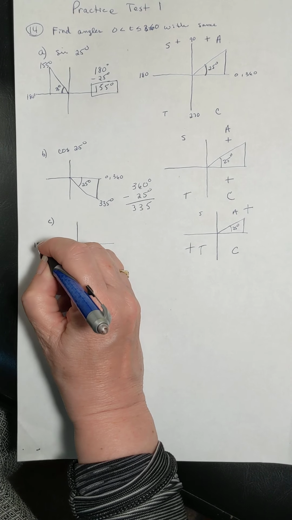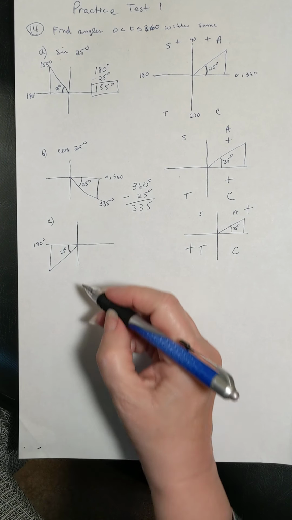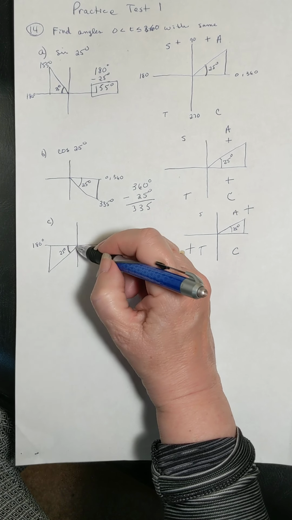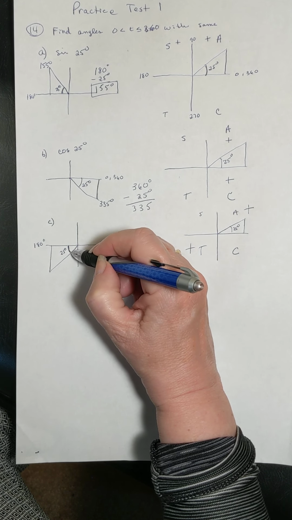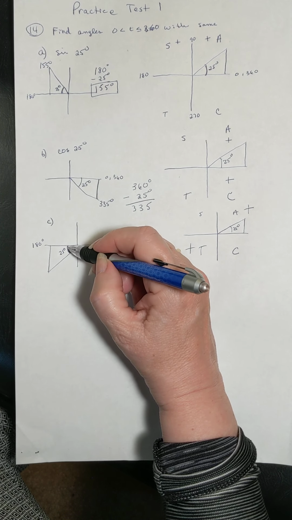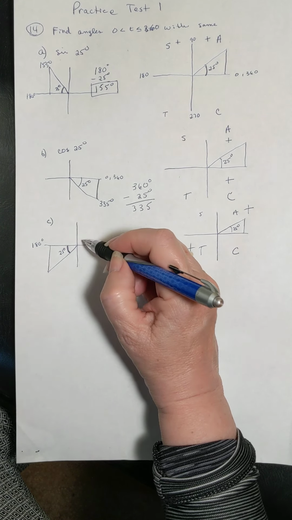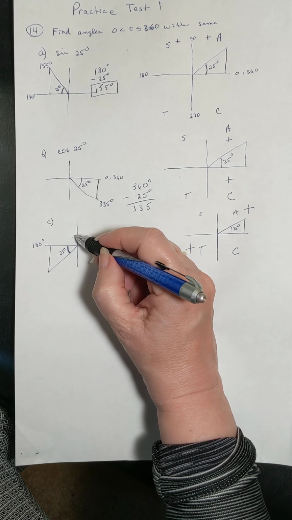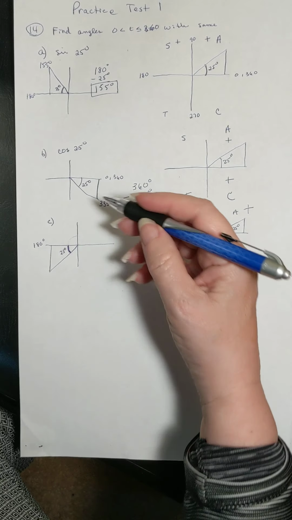So in this one, again, 25 degrees. And then this is 180. But notice in this case that going from 180 to get to this line, I'm going an additional 25 degrees. So normally we subtract here, but in this case we're adding because we're going past the 180. If I want to get all the way to here, I need to go the 180 plus 25.